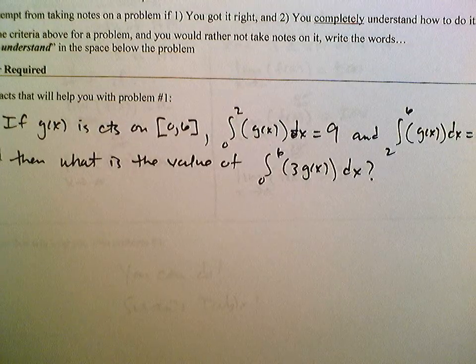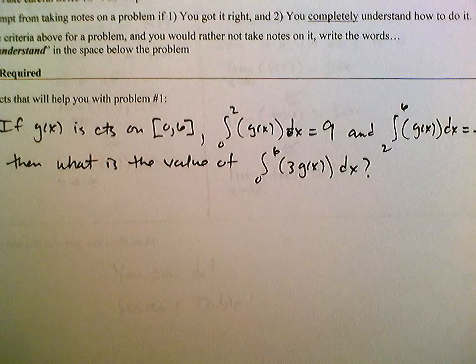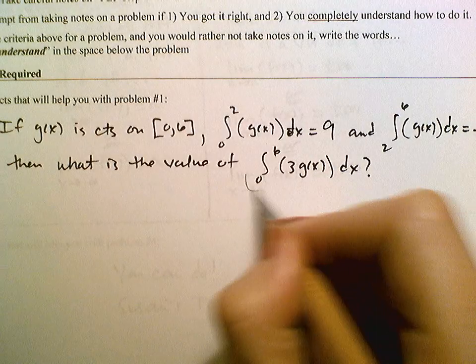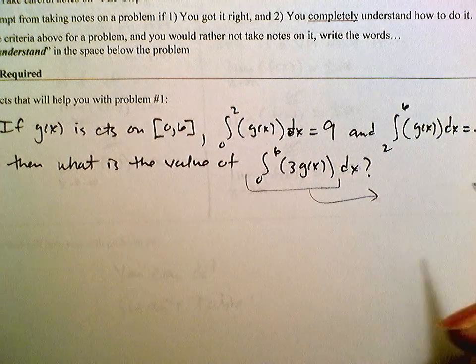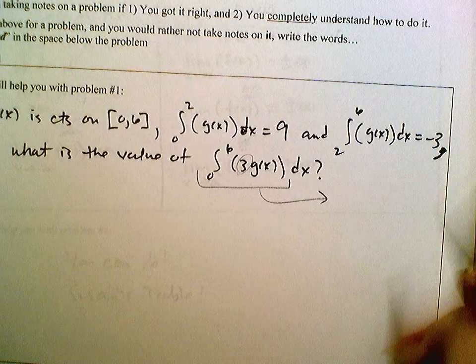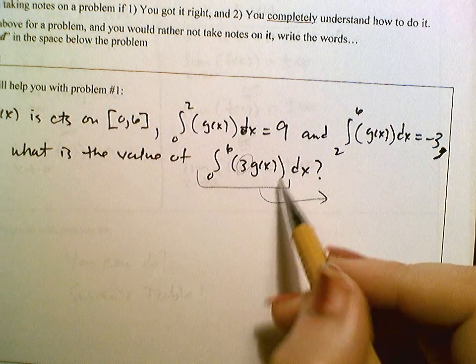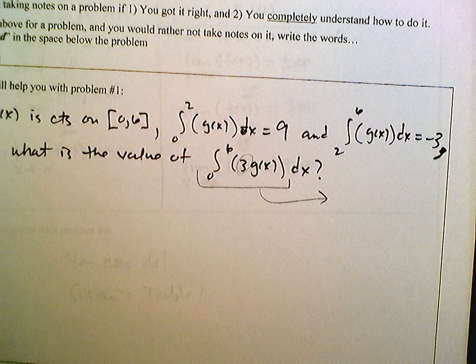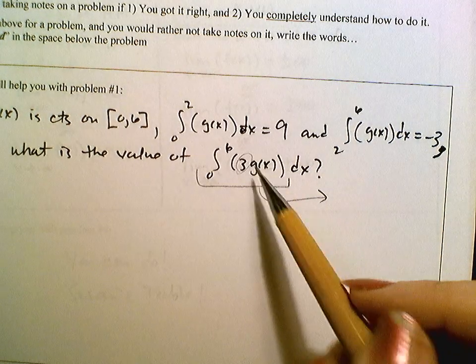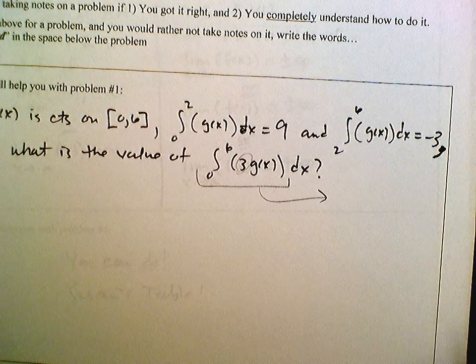Okay? Well, when you do a problem like this, guys, I think you should first notice that you could pull the constant out front. This is because an integral is really just an infinite sum. And in any sum, if each term has a factor of 3, then 3 is the greatest common factor.